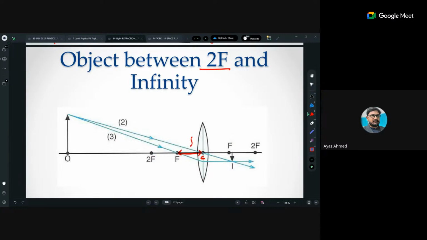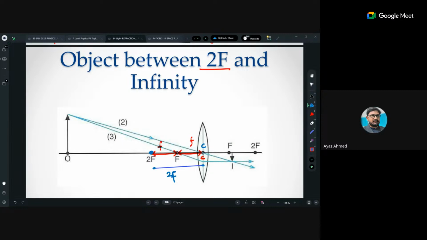This distance is f. The length that is twice the focal length is called 2f, and then 3f and 4f and so on.